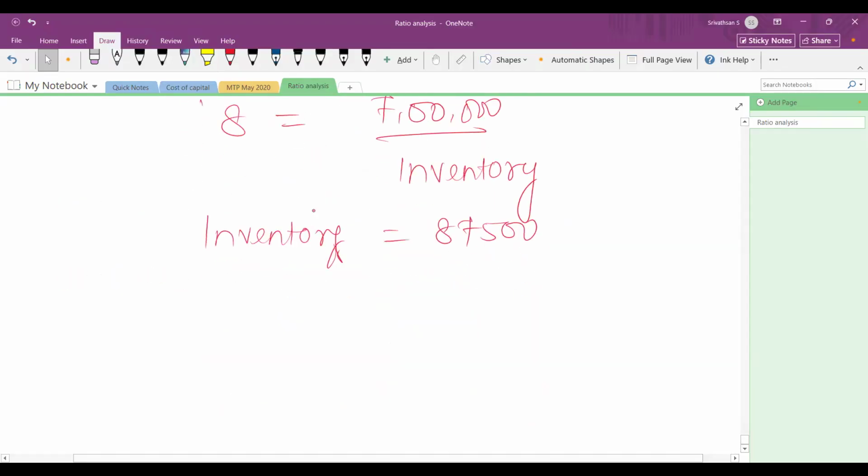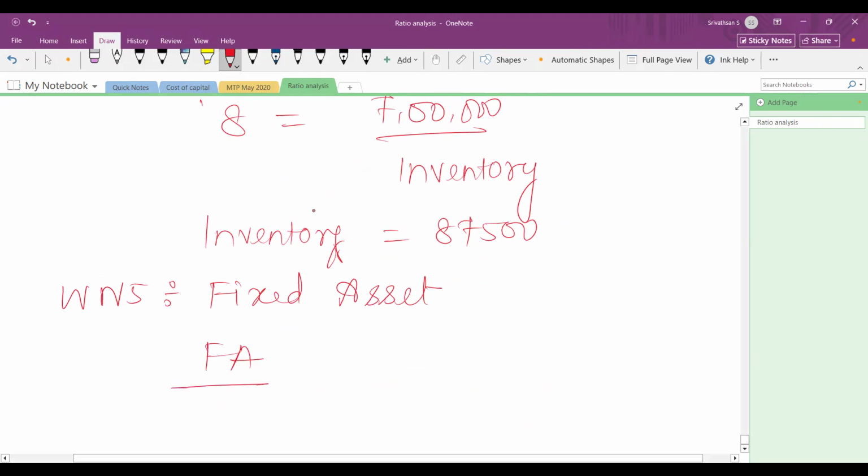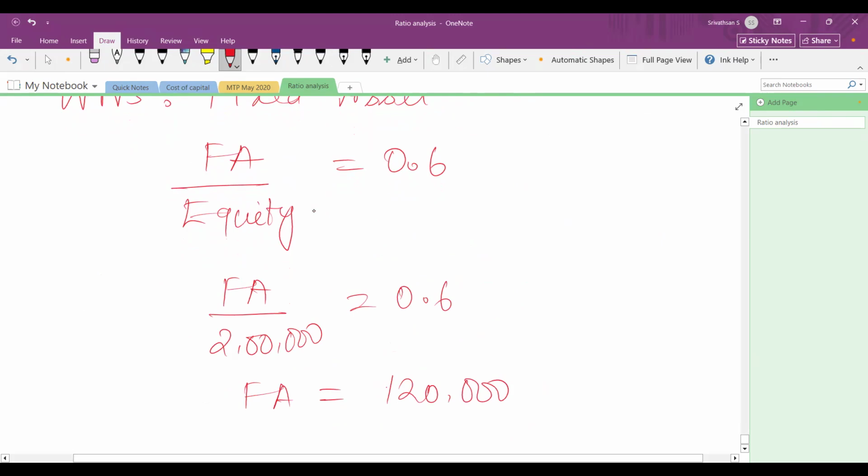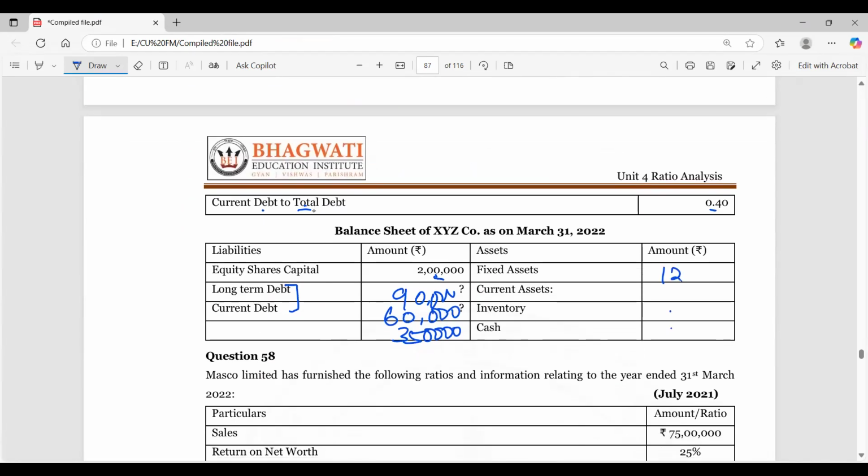So working note number 5, fixed asset by equity is equal to 0.6. What is the amount of equity? It is given in the question, 2 lakh. So the amount of fixed asset is 1,20,000. Now listen, fixed asset is 1,20,000, inventory 87,500.